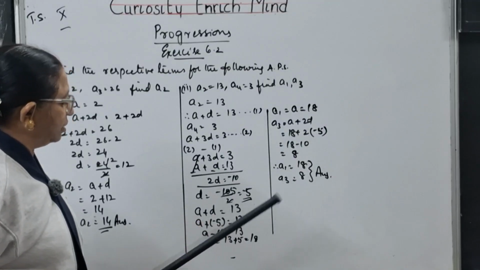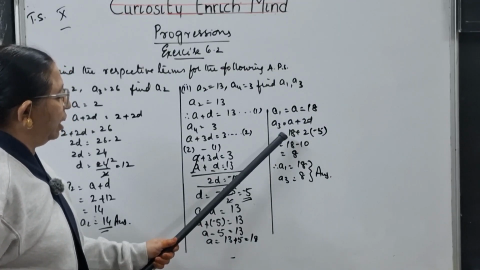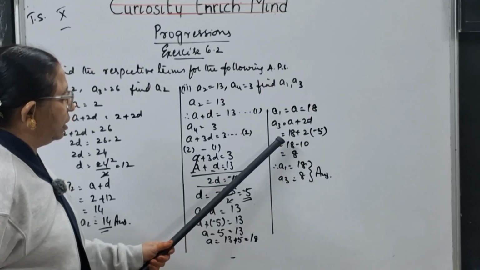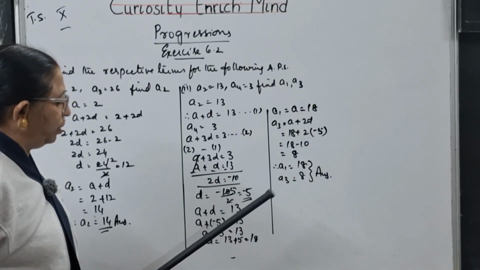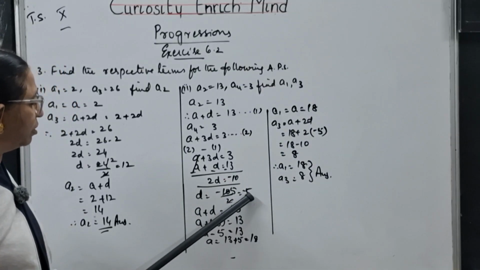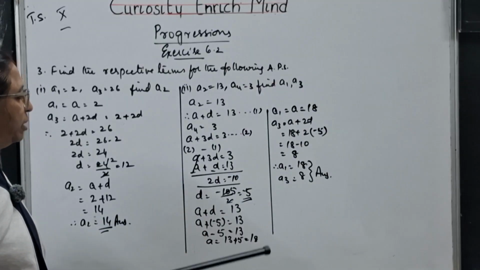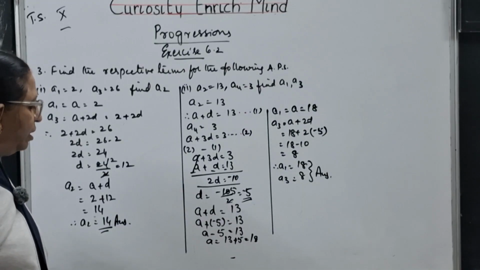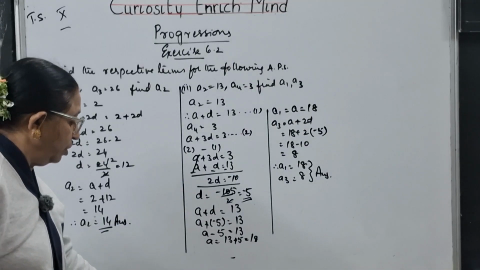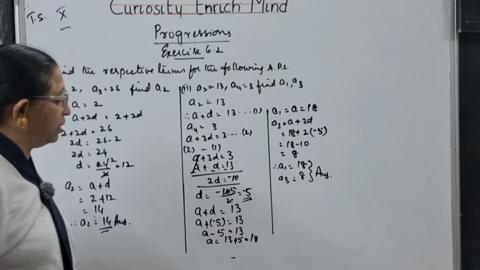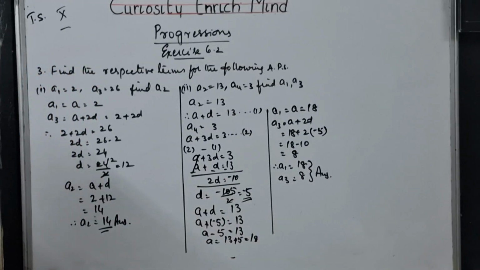A1 means A, that is 18, which we have got, and A3 is A plus 2D, that is 18 plus 2 into D. What is common difference? We have got minus 5. So 2 into minus 5. So 18 minus 10, that is 8. So A1 is 18 and A3 is 8. These are the answers for the second bit. Children, please note it down.